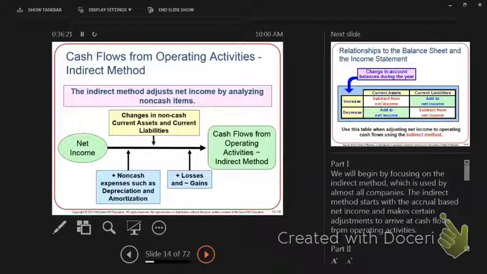We actually paid cash this month that's not showing up on here. It would be exactly the same if this was wages payable. If it makes more sense to you for me to say wages payable, we're paying last month's. We paid $500 of it. It needs to come out. But it's not on the income statement anyway.